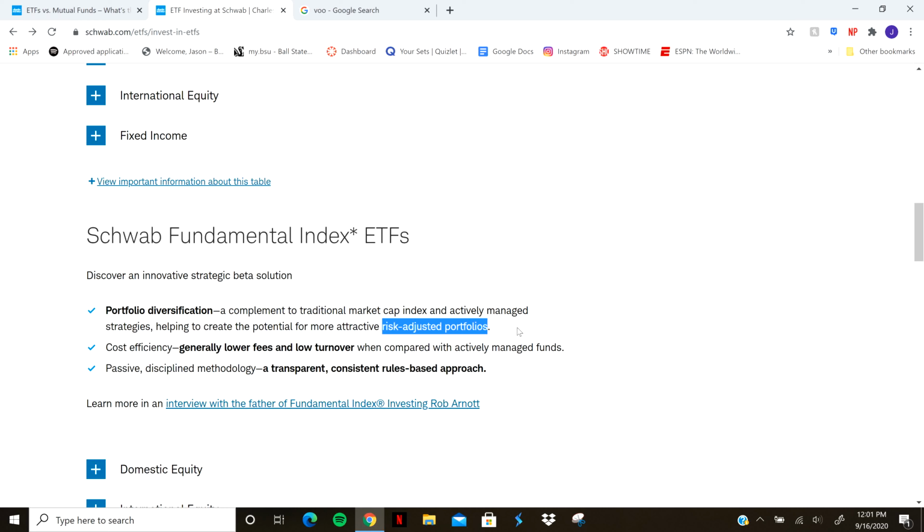Looking at beta. If you don't know what beta is, it's how risky a stock or a mutual fund or an ETF is compared to the S&P 500. Or I guess I should say the market as a whole, where the beta of the market as a whole is 1. You look at a company like Tesla, their beta could be 2.5, which means that they are 150% riskier than the market.